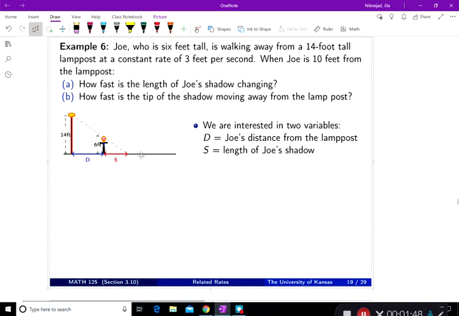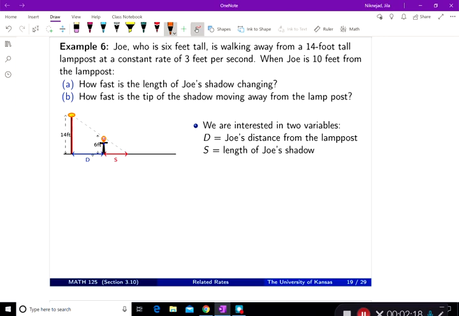That's the introduction part of this question: the shadow is getting bigger as he's moving away, and the distance is increasing. So let's call the length of the shadow S, and the distance from Joe to the lamppost D.